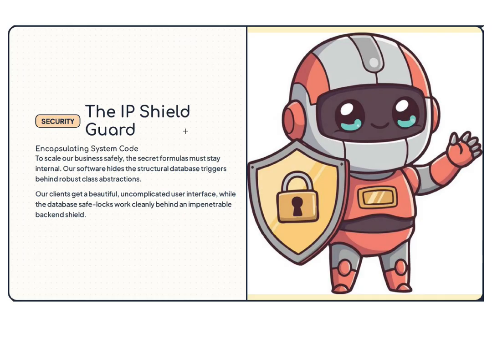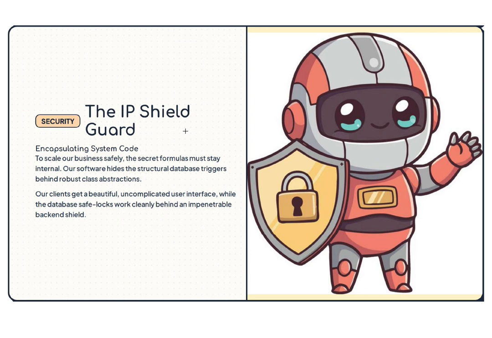So the IP shield guard is encapsulating the system code. Like, to scale our business safely, the secret formula must stay internal, right? You can't let people see what it is that you're doing, because you gotta hide these things.